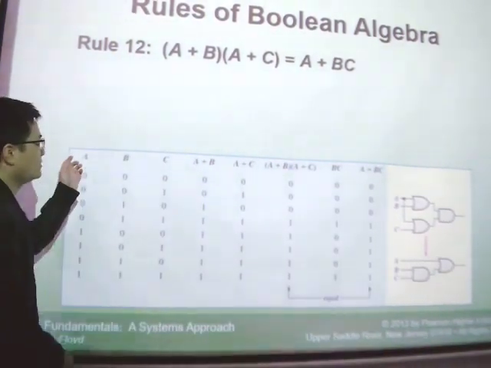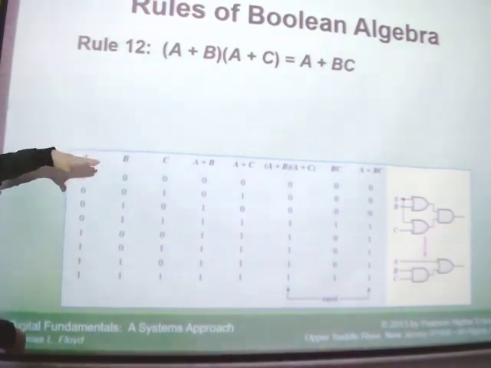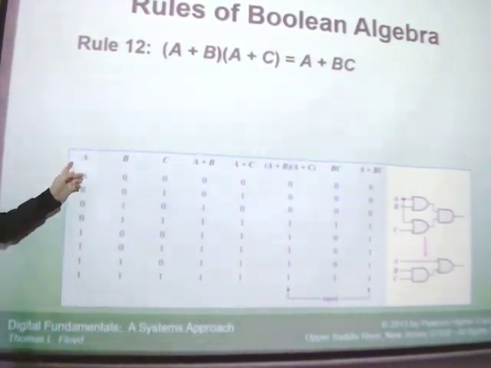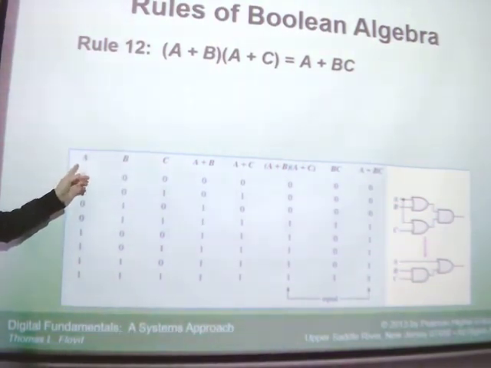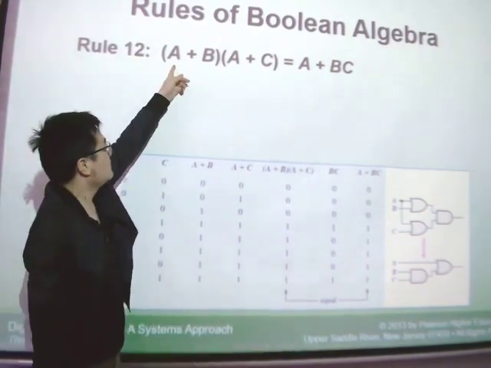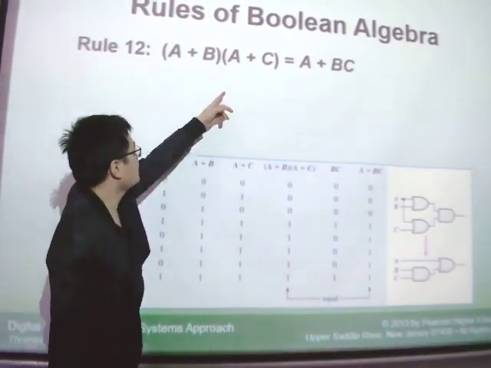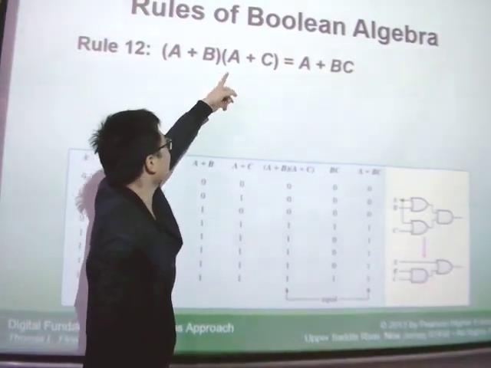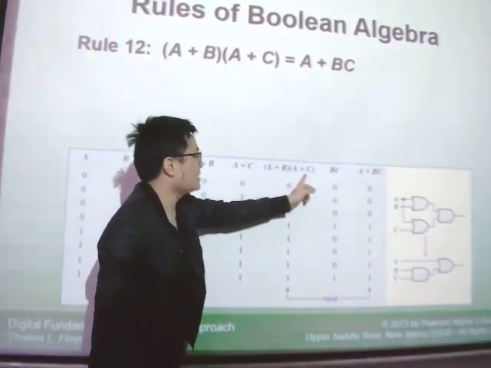And for the truth table, we should use this order: A, B, C, A or B, A or C, (A or B) and (A or C).